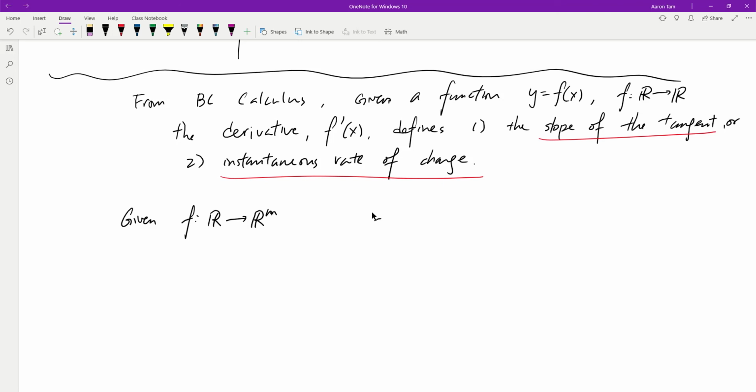Maybe I'll write it this way. Let's say given the function f that goes from R to Rm, and let's say this function is f of t.